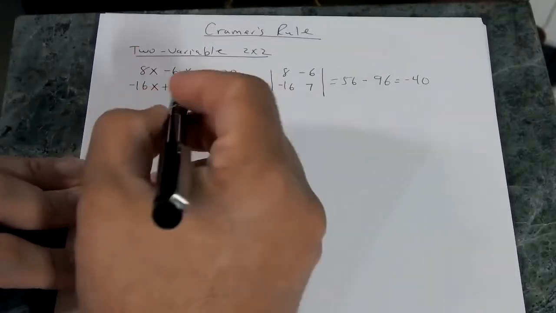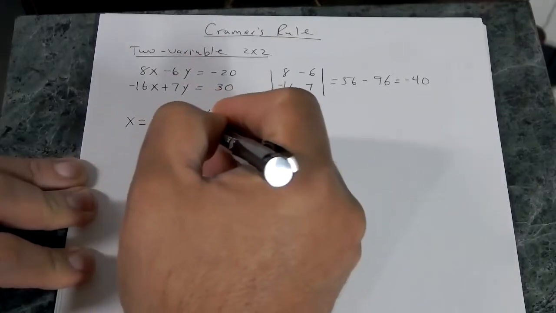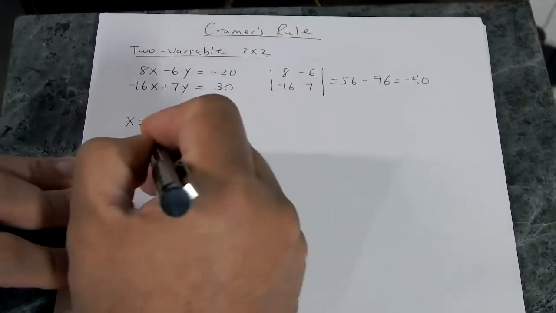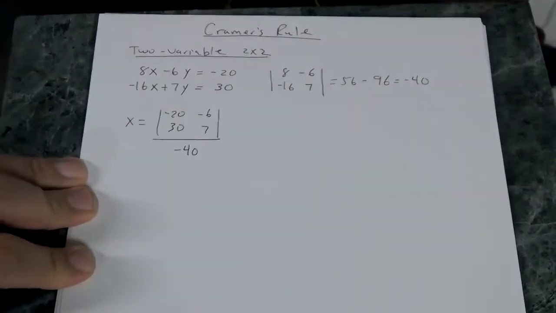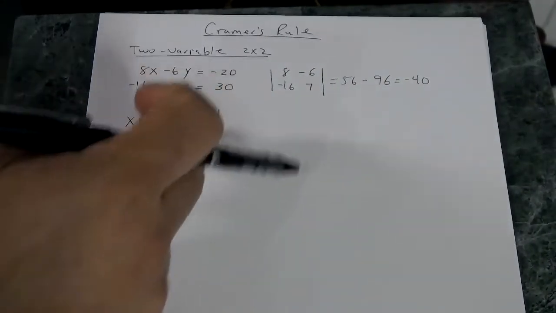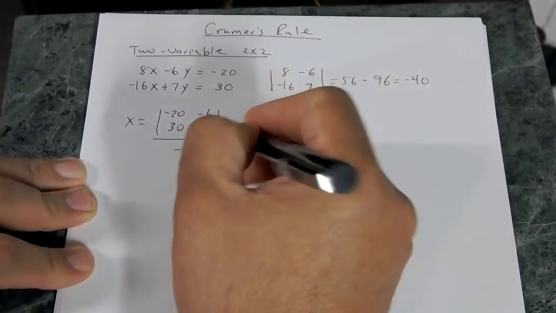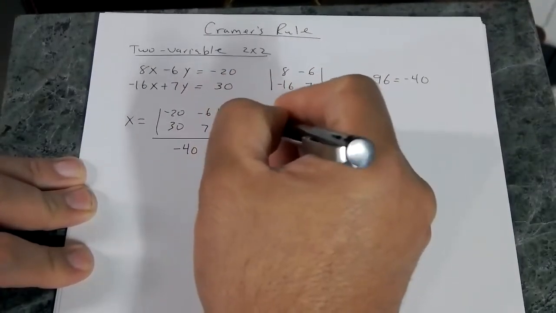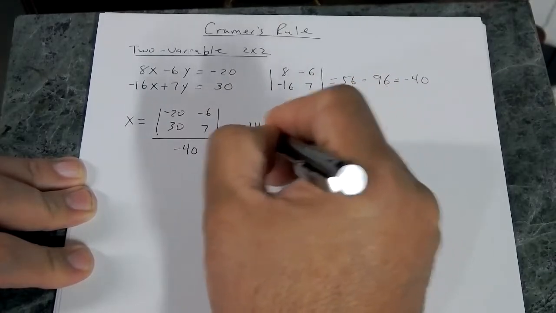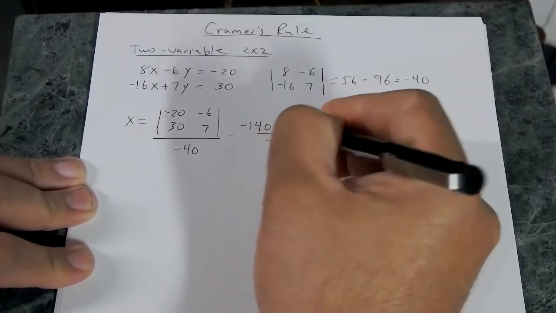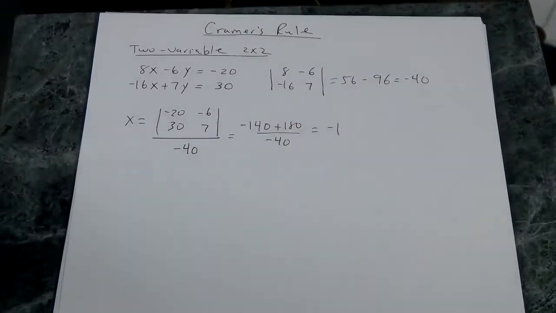The y column stayed the same, divided by negative 40. This is negative 140 plus 180, and we end up with negative 1. So the answer to x is negative 1.